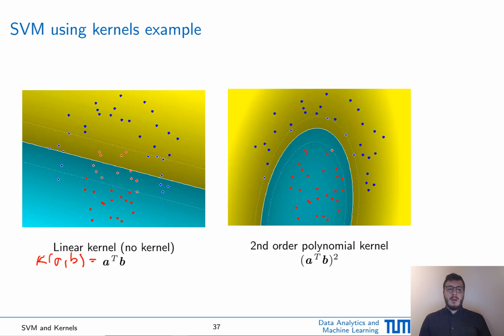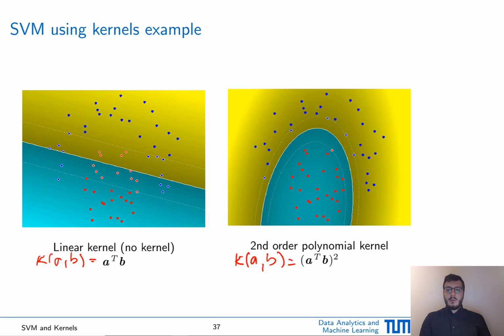It's just a hyperplane in the original input space. Alternatively, if we used a second order polynomial kernel such as this one, so the function of a and b is a transpose b squared, we see that the decision boundary changes. So now we have this curved decision, or this nonlinear decision boundary in the input space.